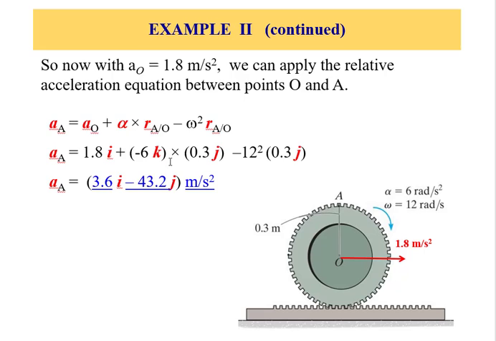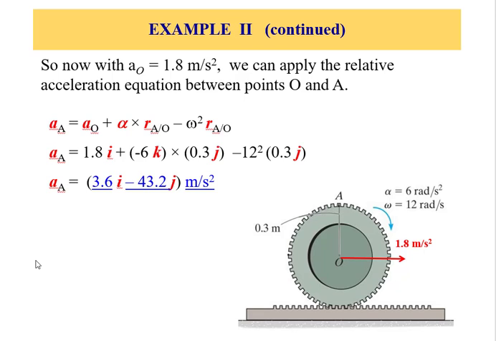Alpha is negative 6k, and upon cross product you end up with the acceleration of A. So try to solve this again at home and see if you get the result.